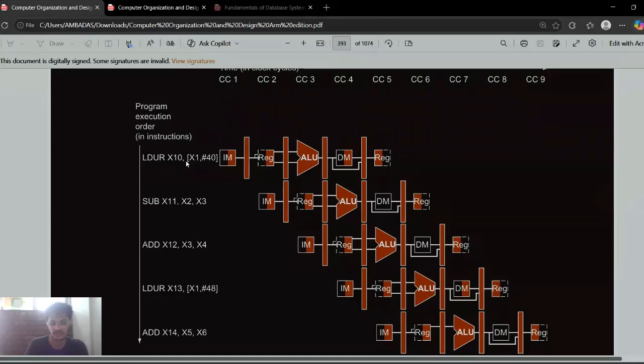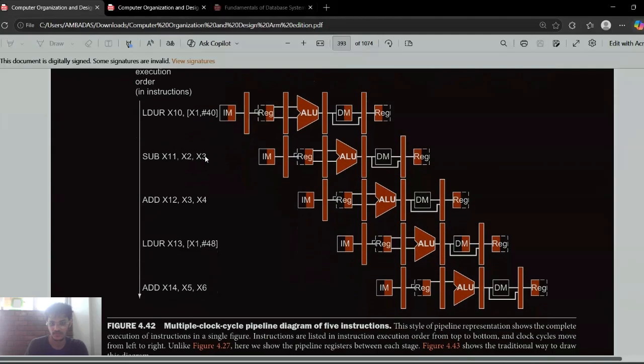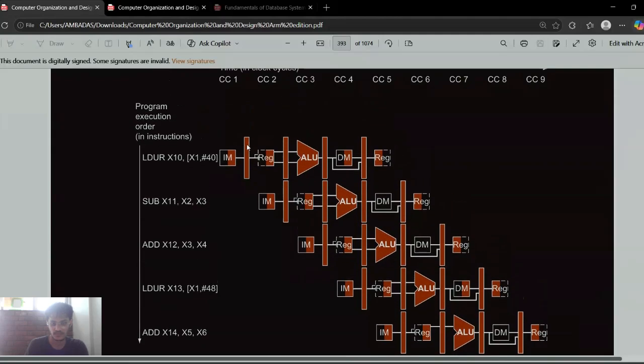So, as you guys know, the load instruction uses all 5 stages. First we fetch the instruction from the memory, then we store it in the IF/ID stage.